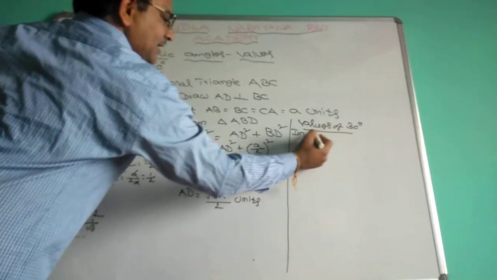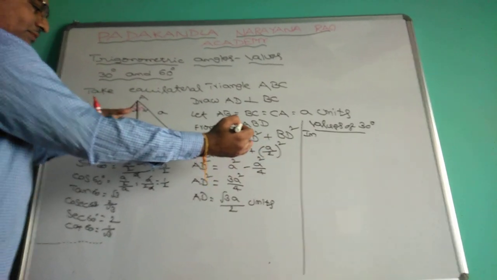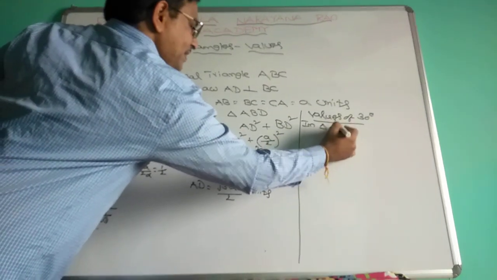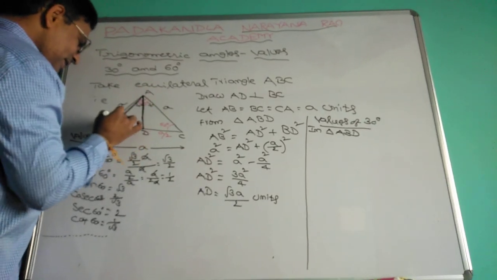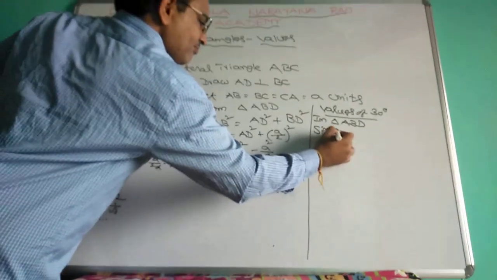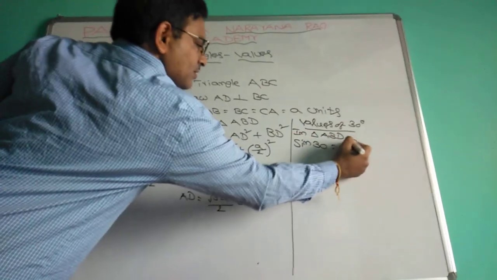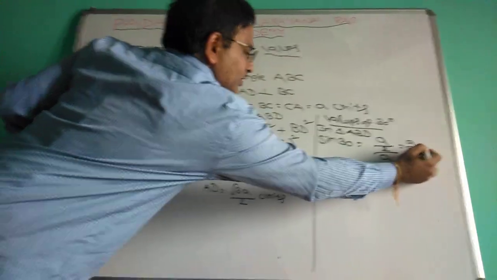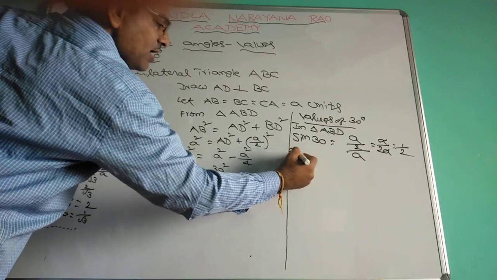In triangle ABD, same model you have considered for 60. Now I am going with 30 degrees. In triangle ABD, sin 30, same principle, opposite side by hypotenuse, A by 2 by A, that equals A by 2A, A cancel, 1 by 2.